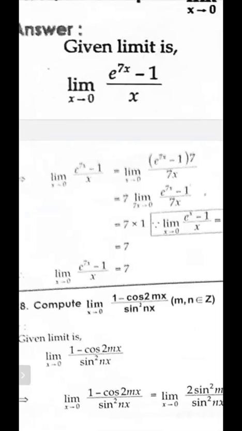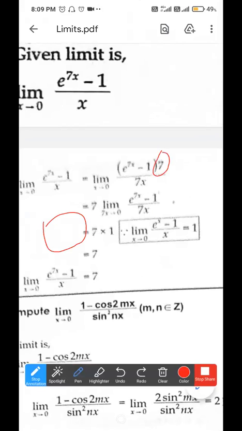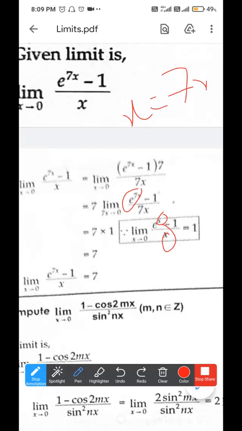So e power 7x minus 1 by x. What I am doing is multiplying and dividing by 7. After multiplying and dividing by 7, it will become e power 7x minus 1 by 7x. So your x is nothing but 7x.